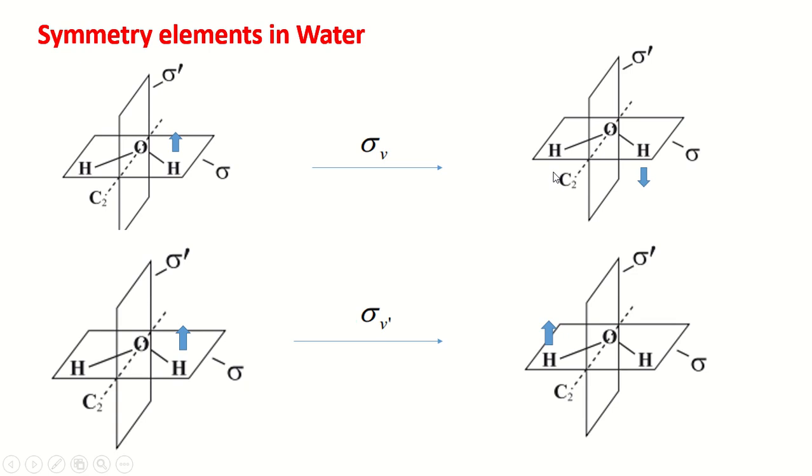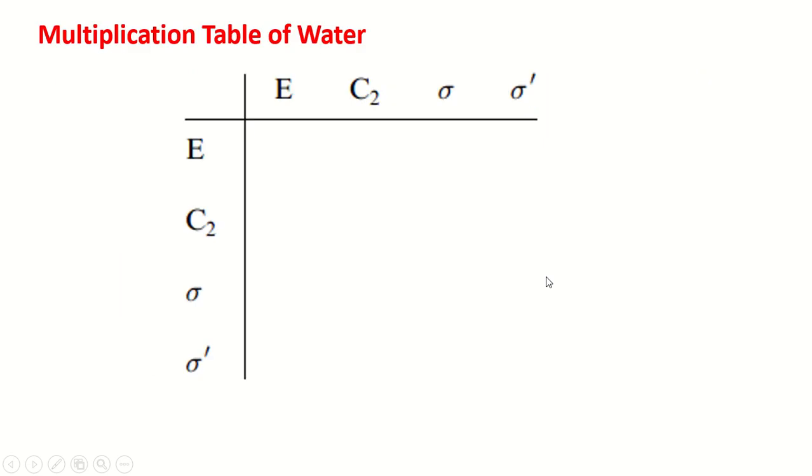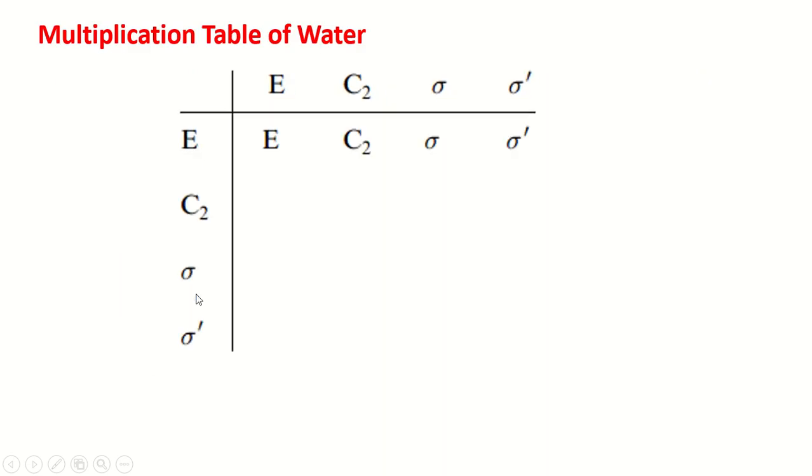Then this operation would equal the C2 operation. So if we write the operation of sigma then sigma dash, it would be equal to C2.